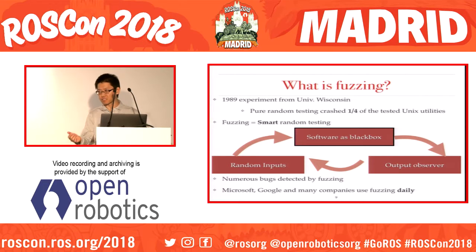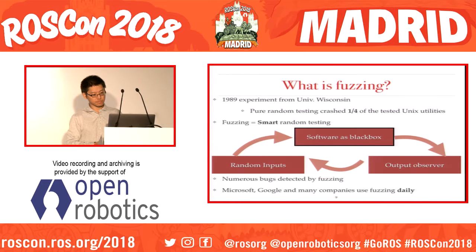What they found is that 1/4 of the Unix utilities that were tested crashed. So this is quite phenomenal. It was very, very surprising at that moment. So pure random testing worked very well. Now fuzzing is smart random testing. It's random testing plus street smarts.